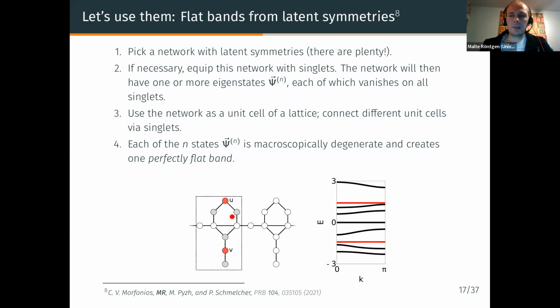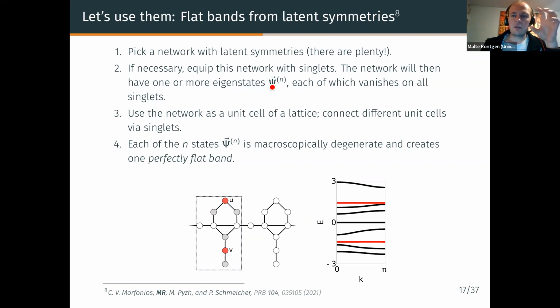And now in order to construct a flat band, all you need to do is take such a network with one or more singlets and create a lattice. It could be 1D, but it can be in arbitrary dimensions. And you connect these different unit cells exactly at the singlets. Now what you get is, of course, a periodic structure. You will get a band structure as well. And now, due to this special structure of these negative parity eigenstates, it can be easily shown that for each of those unit cells, these eigenstates are still present locally.